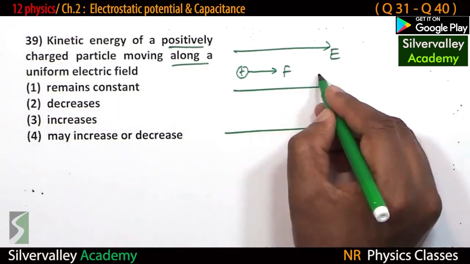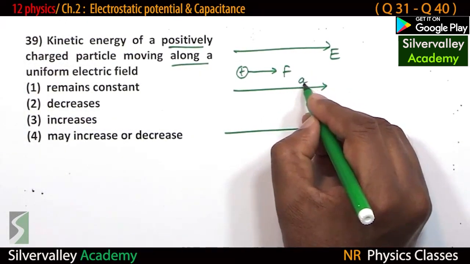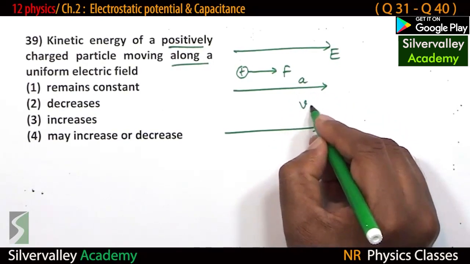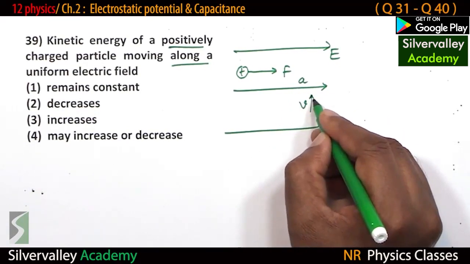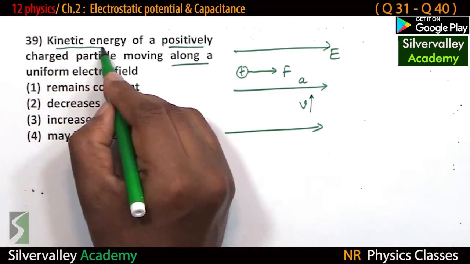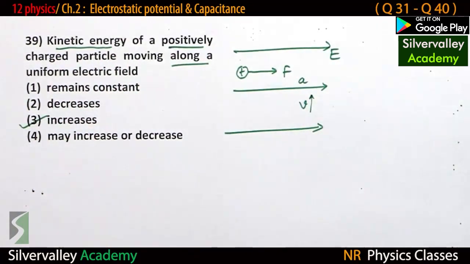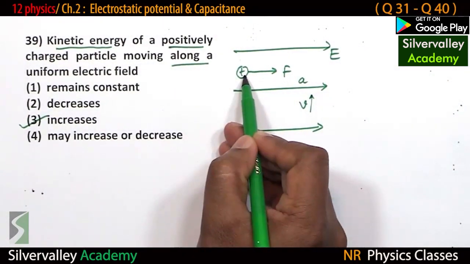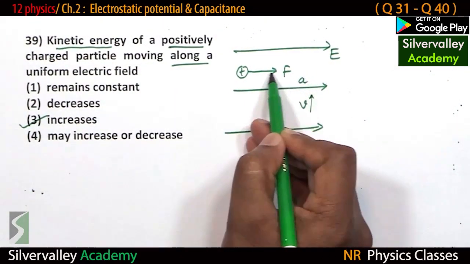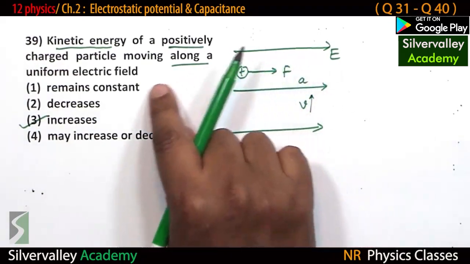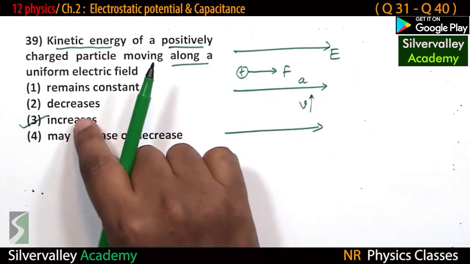If there is force, then there is acceleration. If there is acceleration, then velocity increases. If velocity increases, then kinetic energy increases, isn't it? If the positively charged particle were moving against the electric field, then kinetic energy would decrease. So in this case, it increases.